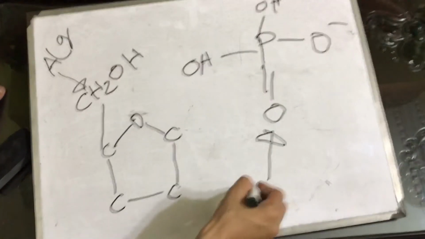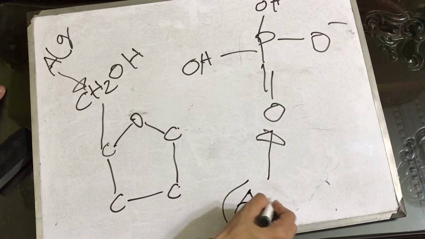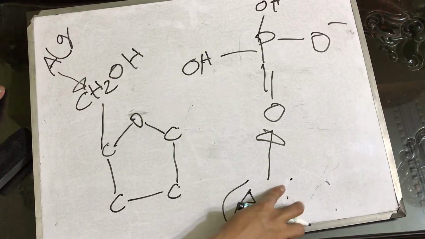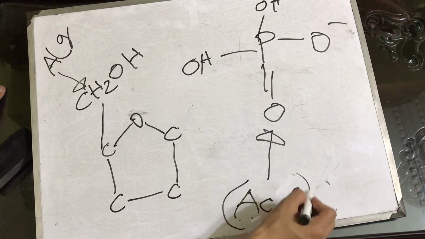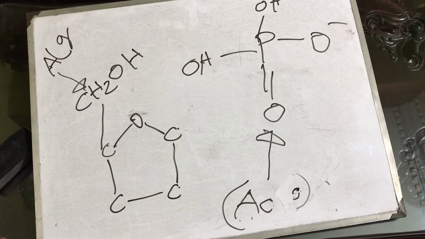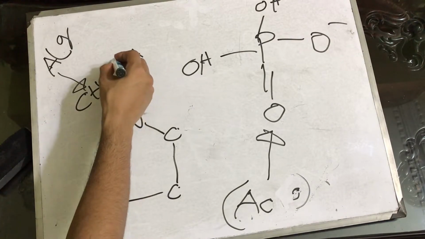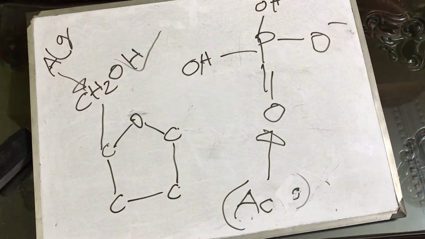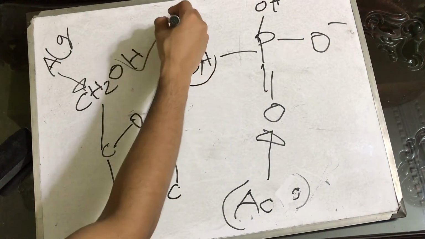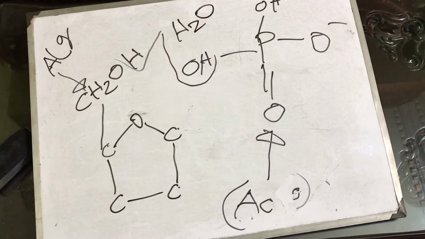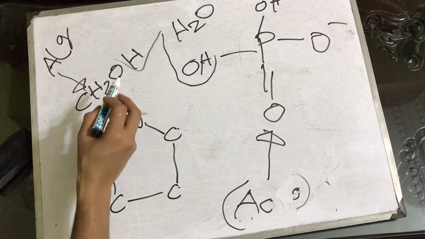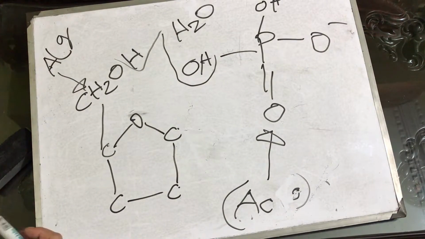And this is an acid group. So they can form an ester bond. From here, a hydrogen atom will be removed, and from here a hydroxide will be removed. Thus, a water molecule will be removed, and they will form a bond. That is the ester bond.